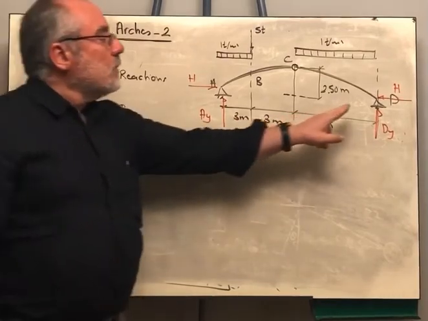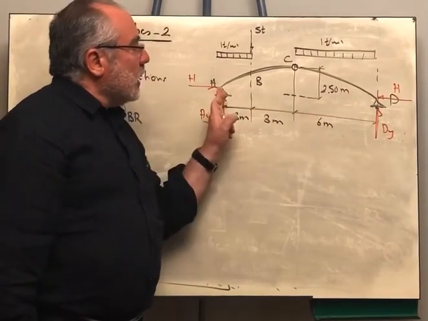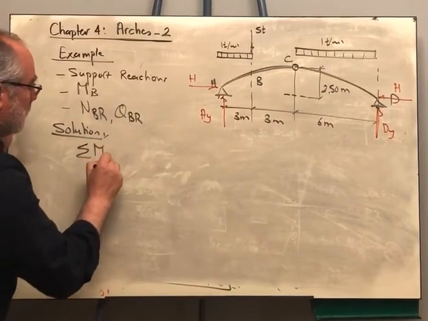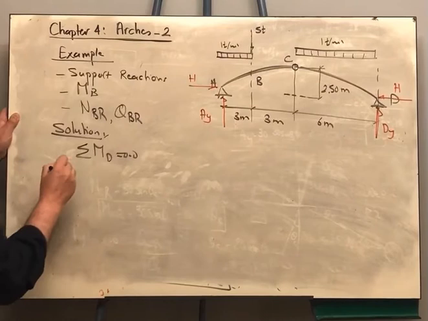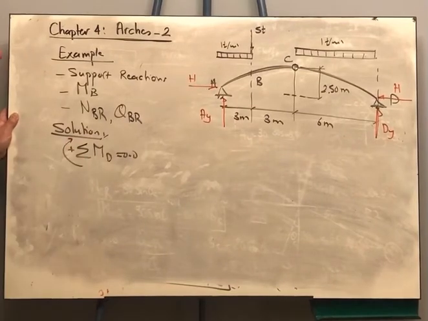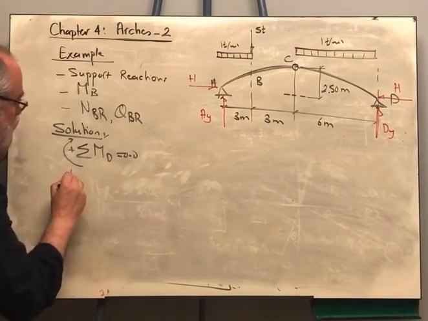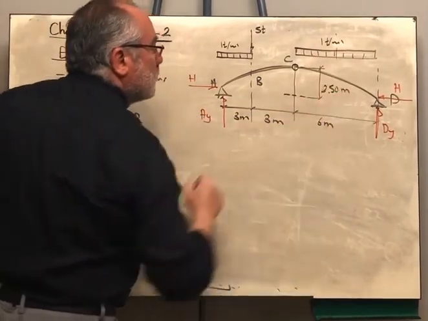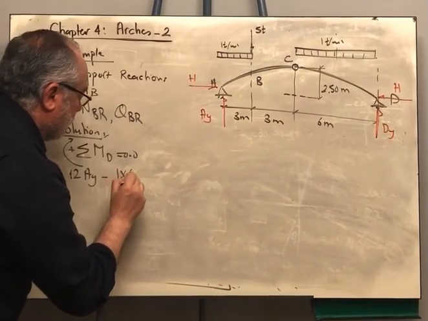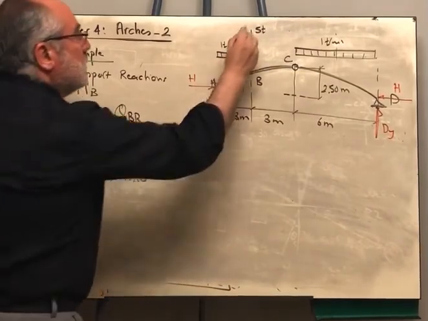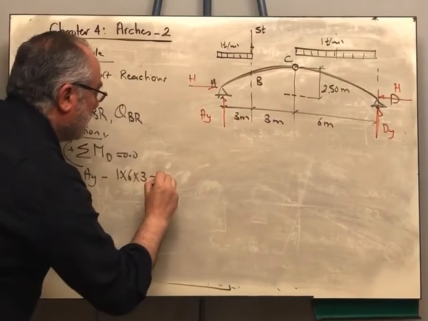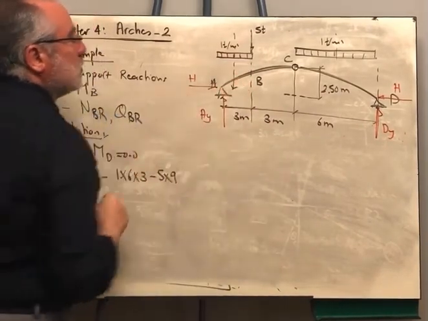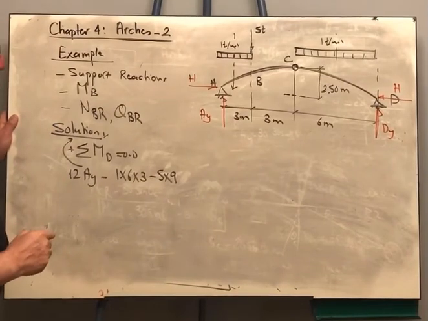We can take moments about point D to determine AY or vice versa. So sigma the moment at D is equal to 0. This is the positive direction. I am having 12 AY minus the resultant of the load, 1 by 6 by 3, minus the 5 ton force, 5 by 9, minus the resultant of the distributed load, 1 by 3 by 10.5.